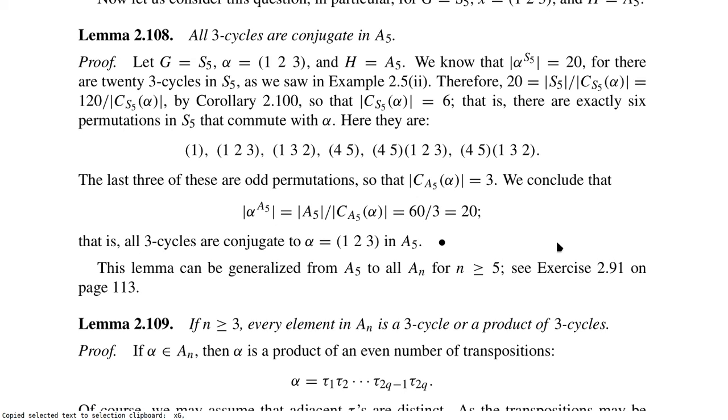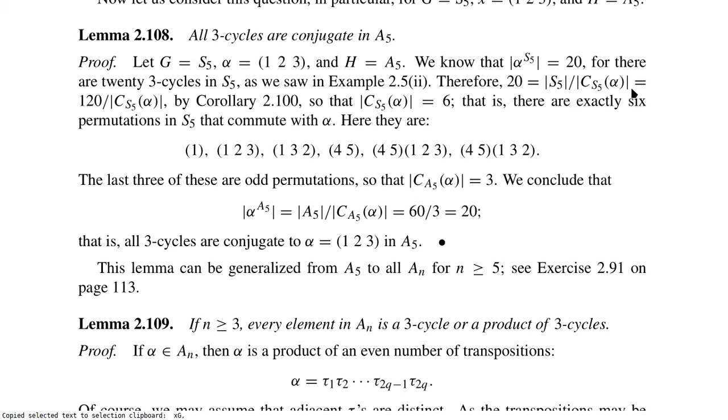Now, therefore, 20 must be equal to, remember this, the counting formula: the order of the conjugacy class is equal to the order of the group over the order of the centralizer of that element.